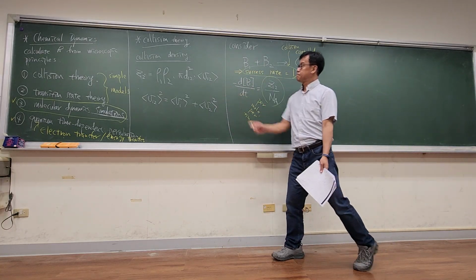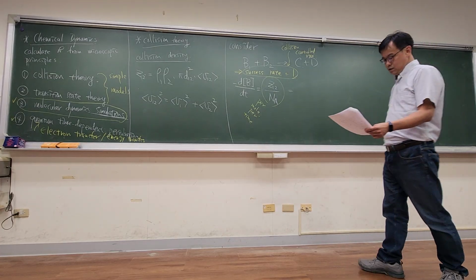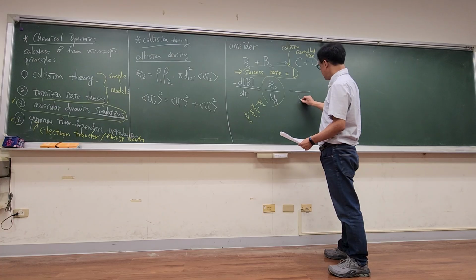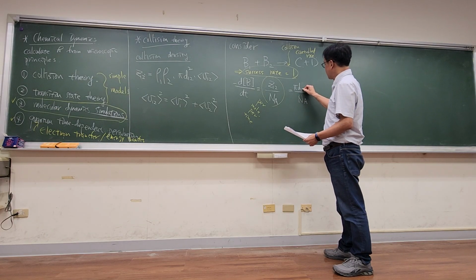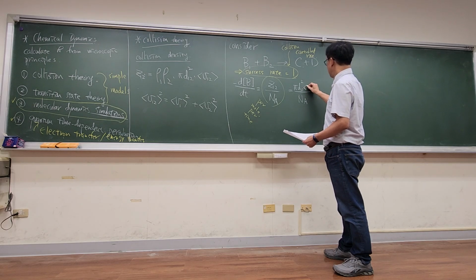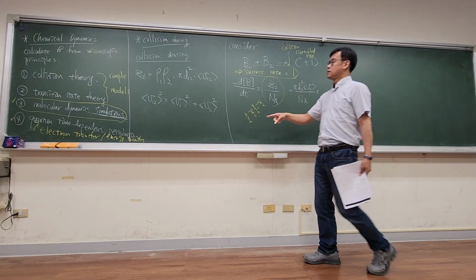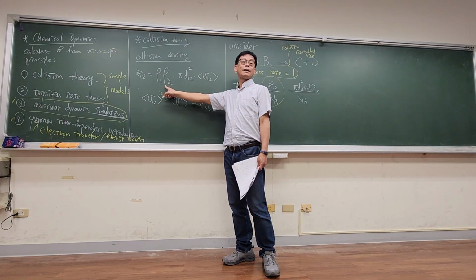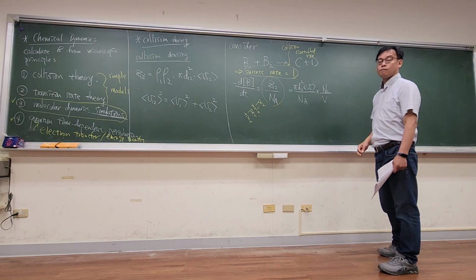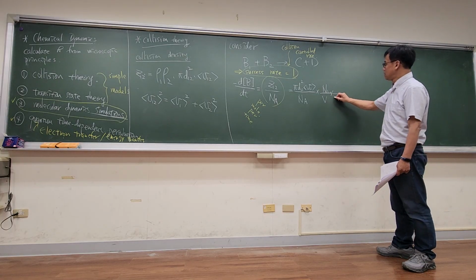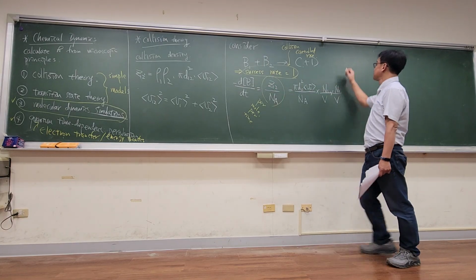Begin with this. Then we plug in this equation. So we have Avogadro number, pi d12 squared, V12, times rho 1 and rho 2, which are number densities: number of particle 1 per volume and number of particle 2 per volume.